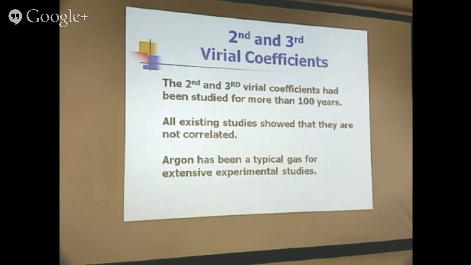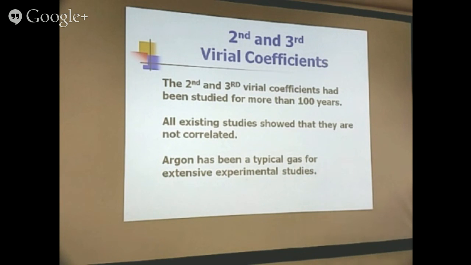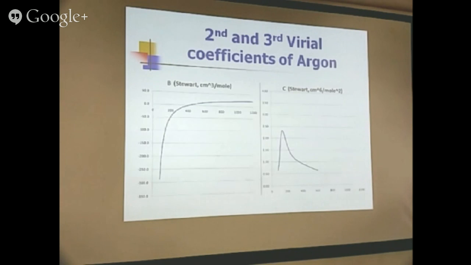And all existing studies show that these two virial coefficients are not correlated. They have basically no relationship to each other. So I thought, well, pick argon as a standard molecule to get experimental data. I want to look at the real data and see how these things were derived before we can make any conclusion.